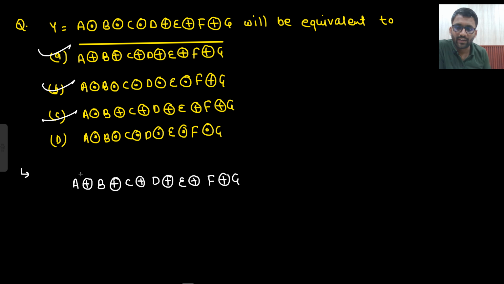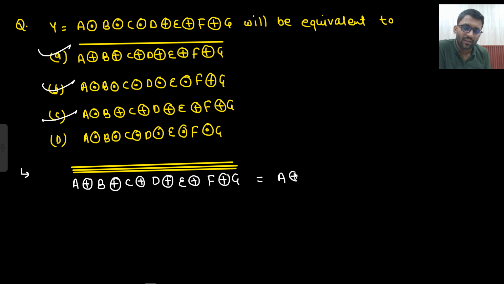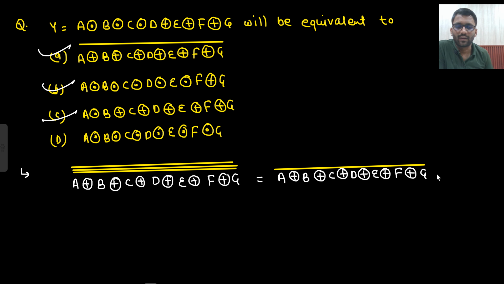So 3 bars I will have to take. 1 bar, 2 bar and 3 bar. So if I am taking 3 bar, then 2 bars are getting cancelled. So finally I am getting A XOR B XOR C XOR D XOR E XOR F XOR G bar. So this is matching with option 1, right?